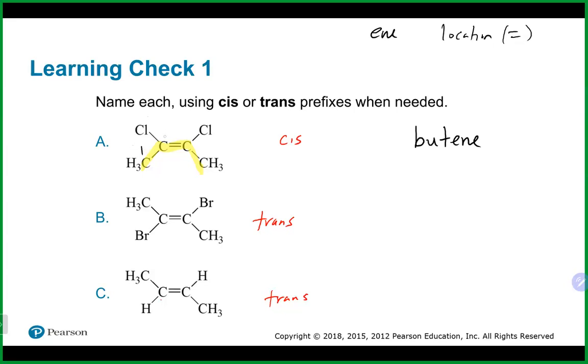You could go 1, 2, 3, and 4. No matter what, that double bond is going to end up at carbon number 2, no matter which way you go. So we would incorporate that into our naming, which is a little bit different than what we do with alkanes. We have to give the location of the double bond. It also takes the priority in terms of numbering. So that would be 2-butene.